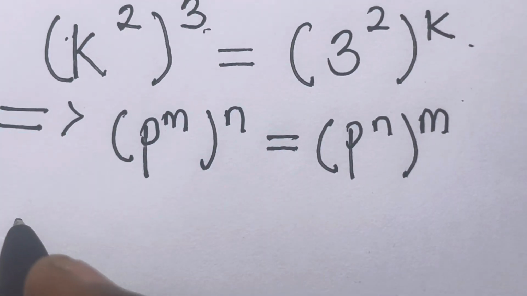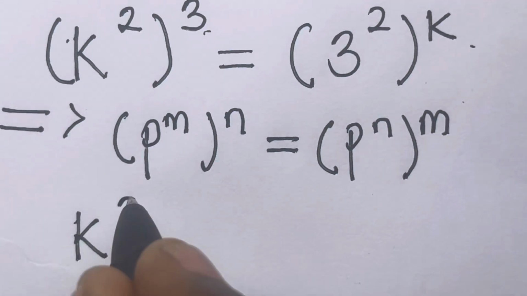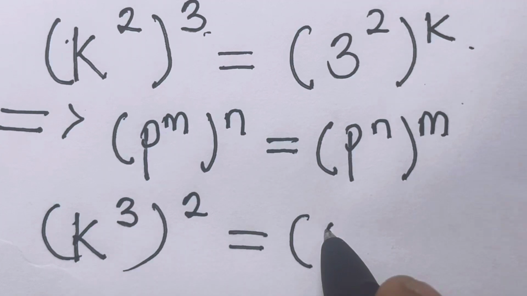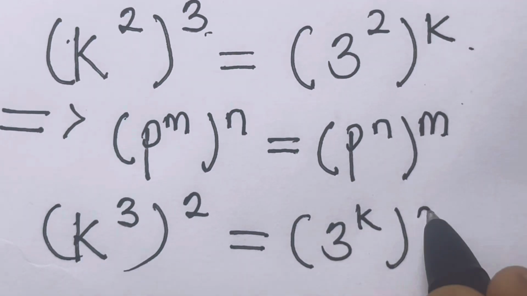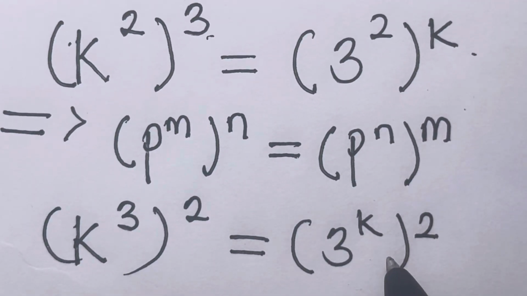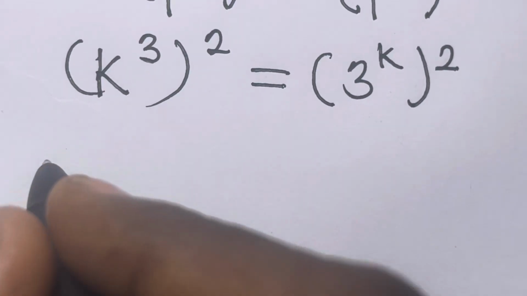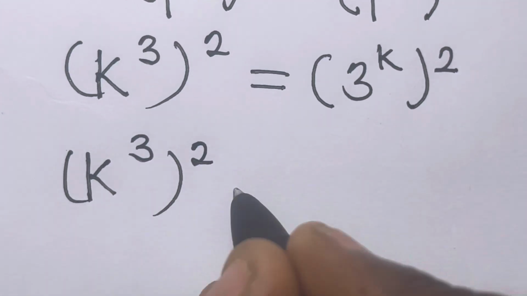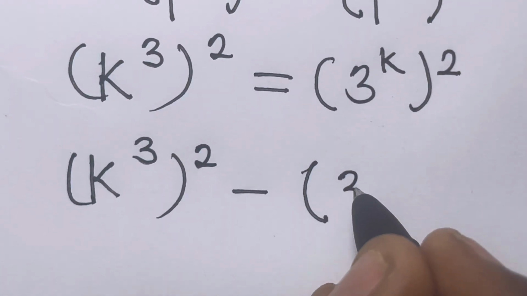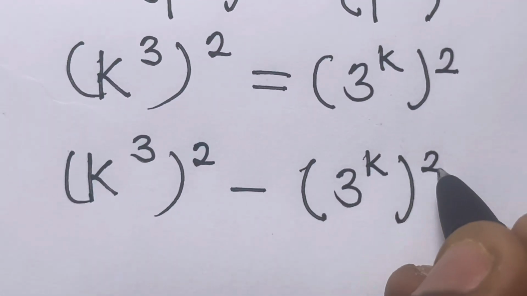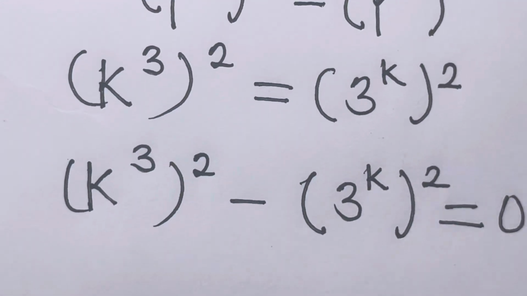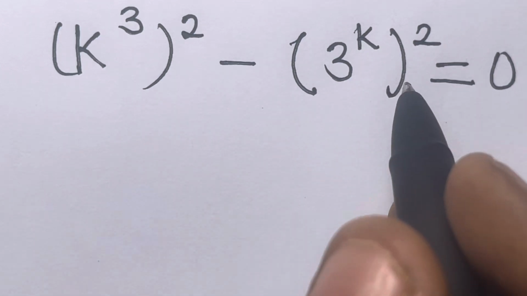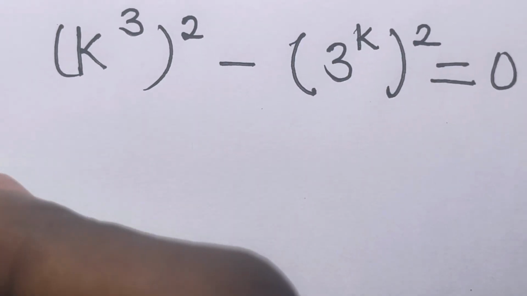So we'll have k raised to power 3 raised to power 2 equals 3 raised to power k raised to power 2. Let's transfer this to the other side, so we'll have k raised to power 3 raised to power 2 minus 3 raised to power k raised to power 2 equals 0.